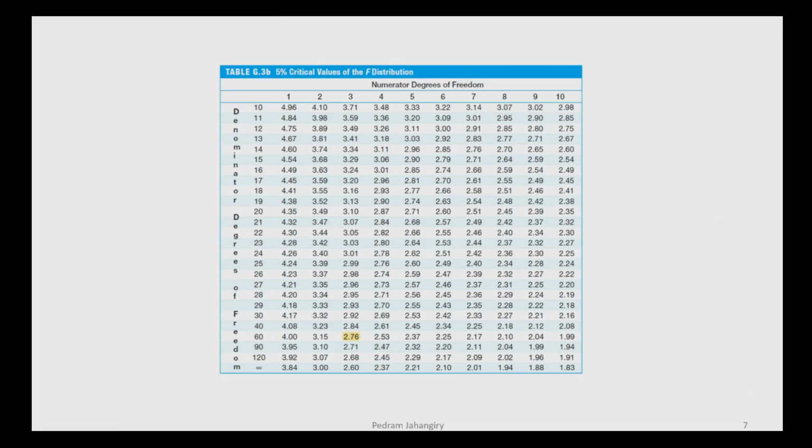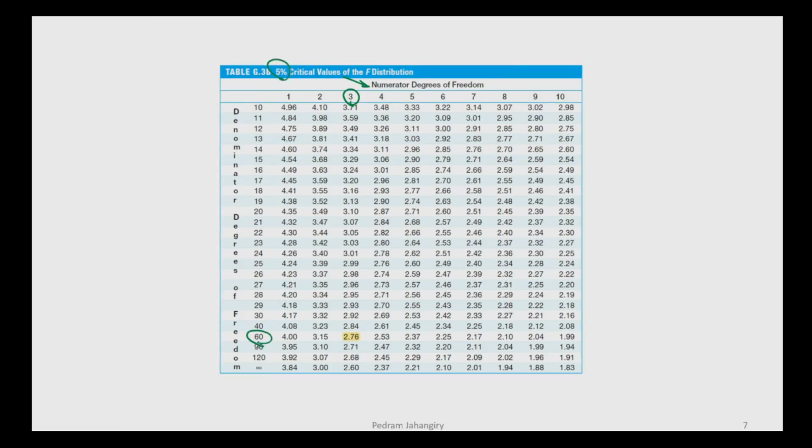We have the degrees of freedom of the numerator, which was 3, and the degrees of freedom of the denominator, which was 60. And this is the table for the 5% critical value.